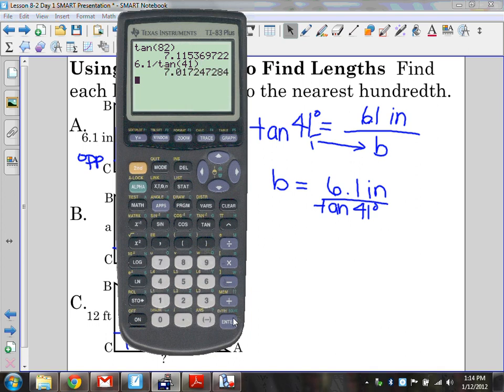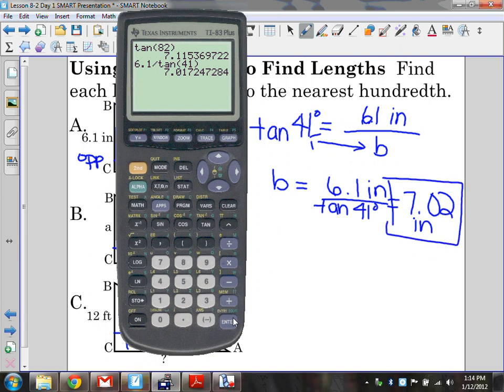Hit enter, and we get 7.017, which to round to the nearest hundredth is 7.02. And our label would be inches. So side B is 7.02 inches long.